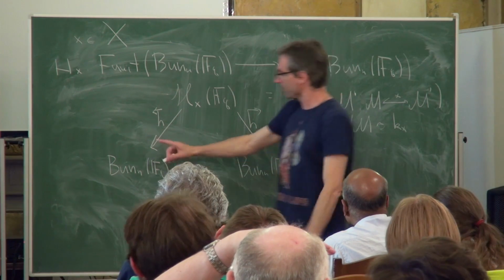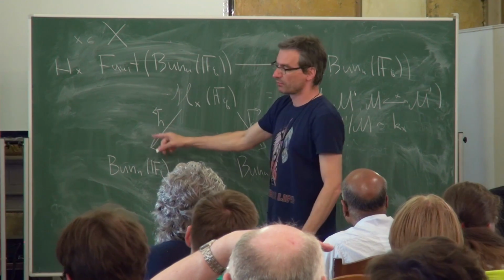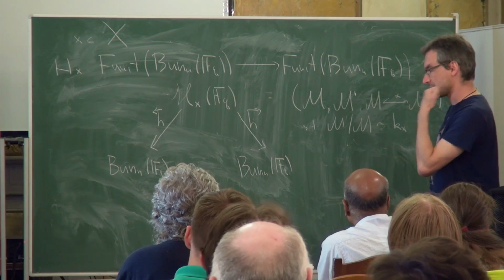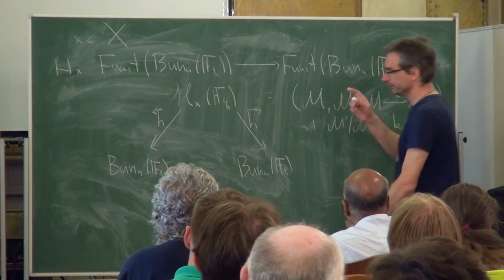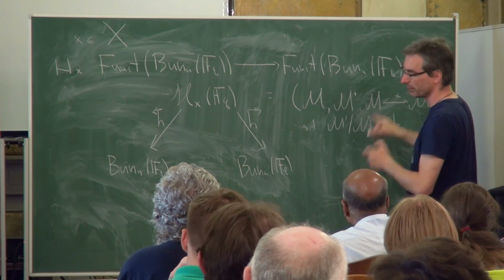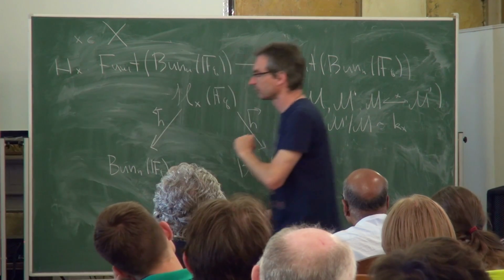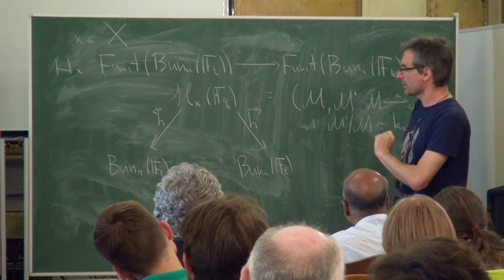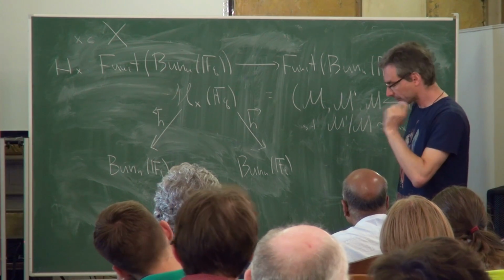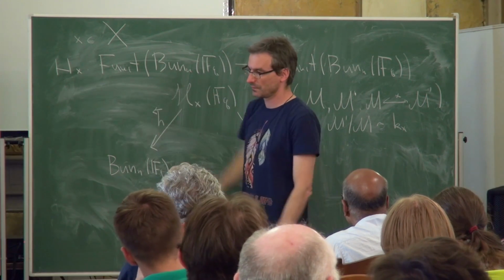So you can fix an M and ask what is the fiber of this map over a given M. Well, it's a little exercise to see that this fiber, the set of ways to complement a given M to a triple, is the set of F_q points in the n-1 projective space with coefficients in the residue field at the point x.